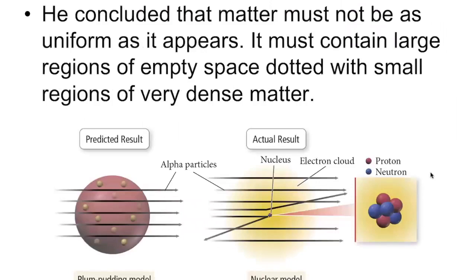What he realized was that these alpha particles were not always going straight. Some of them were deviating to a denser region, and the reason they were deviating was because there was something else in there. That something else was a particle, the proton. So Rutherford was able to discover the nucleus along with the protons.